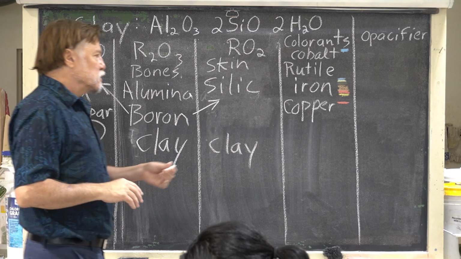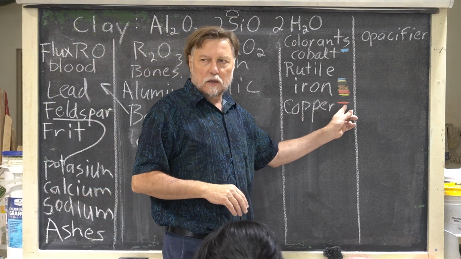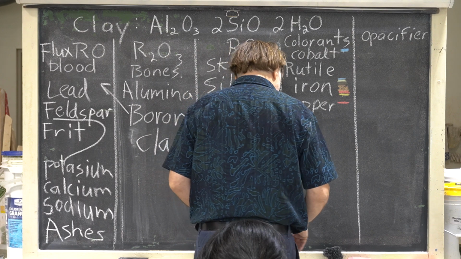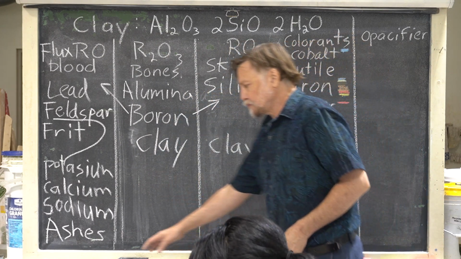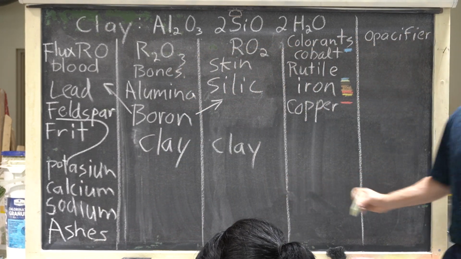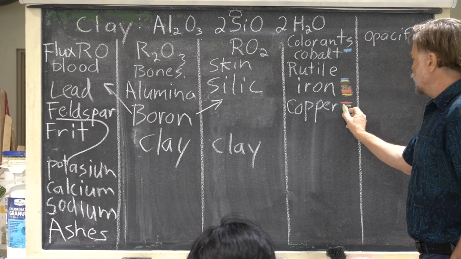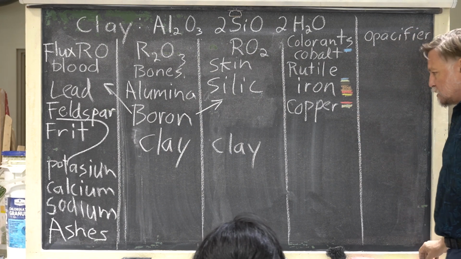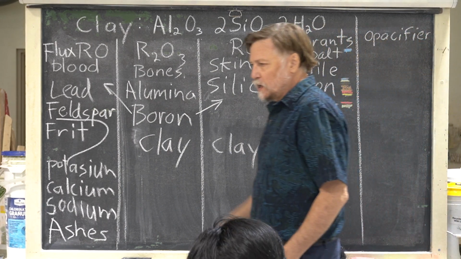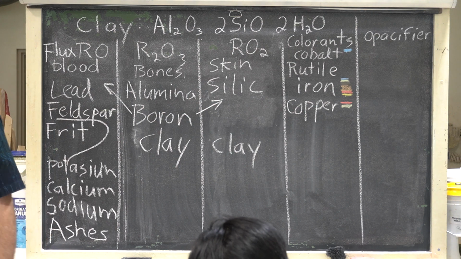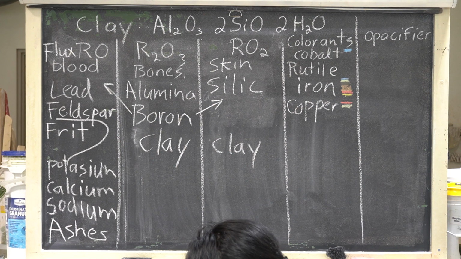So in reduction, copper can also be green. It's a different quality of green. It can be either a bright green or a dull green or a reddish green, depending on how much reduction.